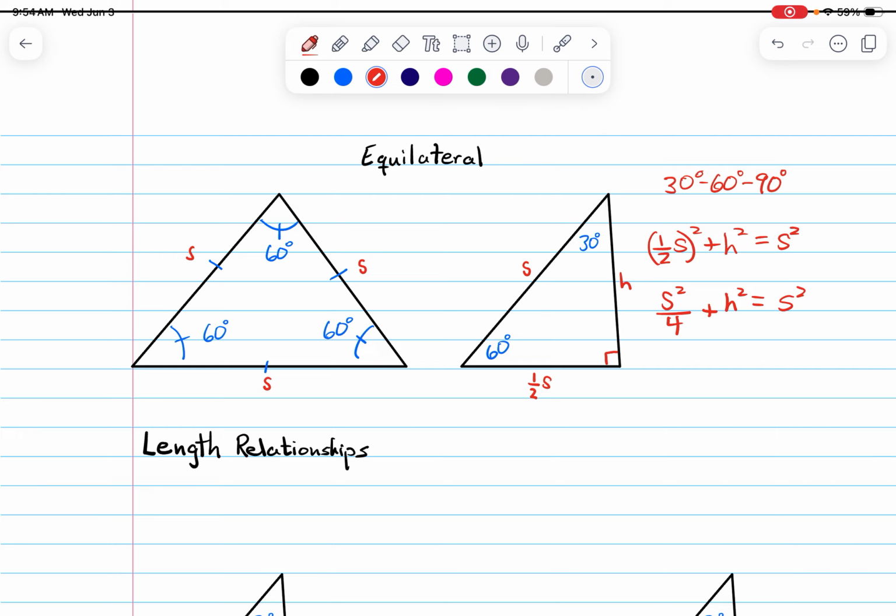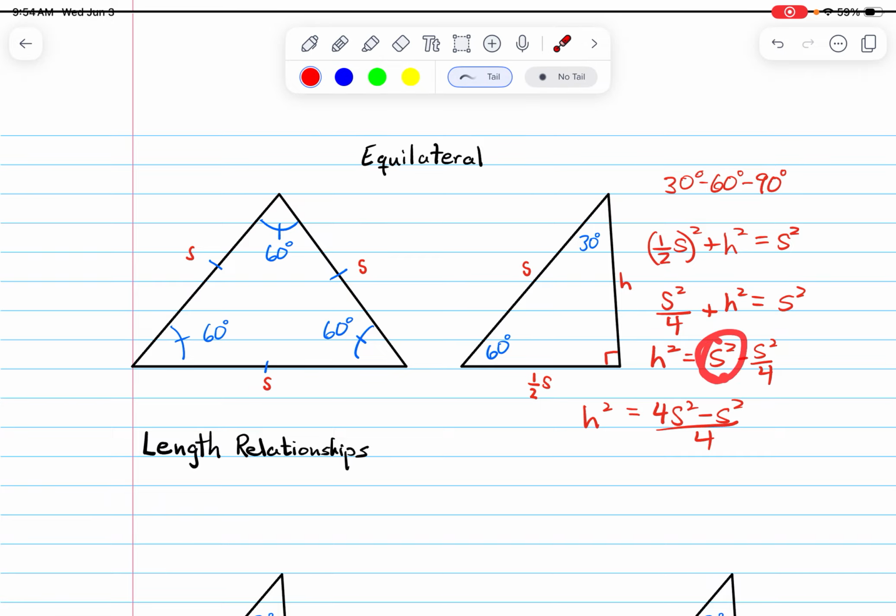Now, let me go a little further. I want to solve for h. So this is going to be s squared minus s squared over 4. Our common denominator there, of course, is 4. So let me add these fractions and see what I get. I get h squared is equal to 4s squared minus s squared over 4, because I multiplied the top and the bottom by 4.